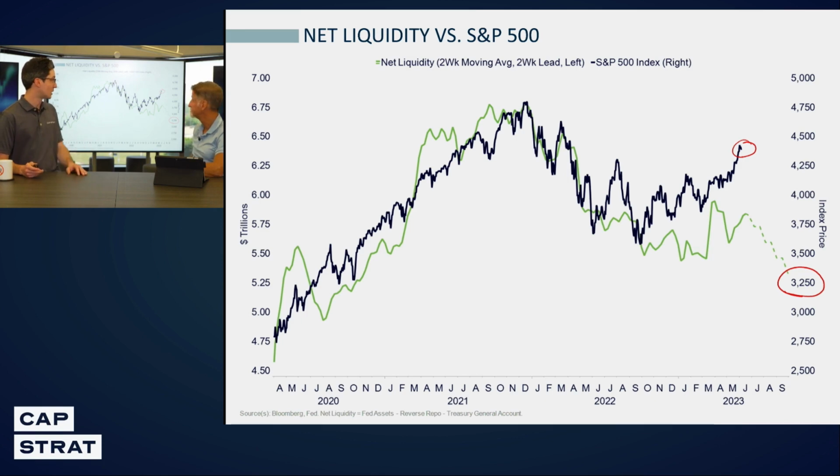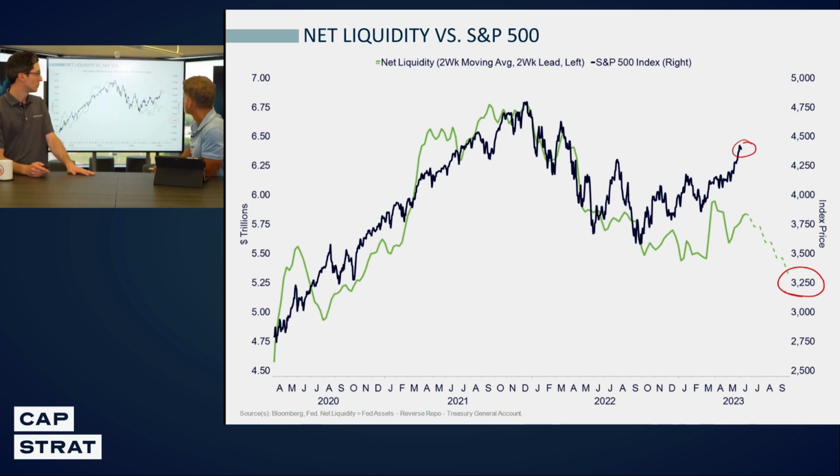And the other outcome is this catches down in a big way, which we think is more a matter of when as opposed to if. But we've had this improving net liquidity environment since last October, and it's possible that the market doesn't see that this is going to roll over starting right now very quickly.